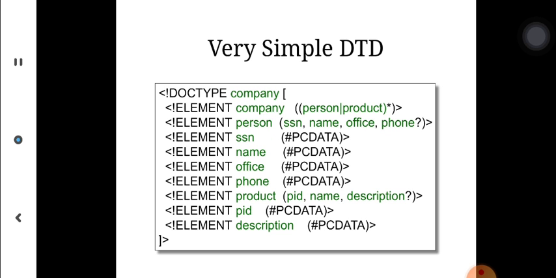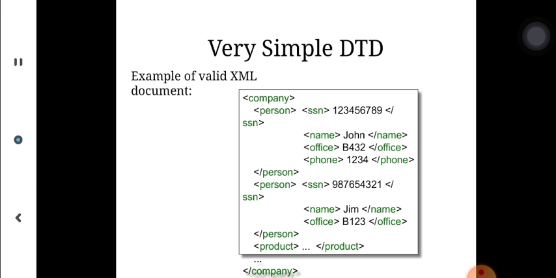So when you define this, it becomes the document type definition for the company. And then I can parse this DTD and check your XML whether it is a valid XML or not. So a very simple DTD again, you can see an example of a valid XML document based on the DTD.